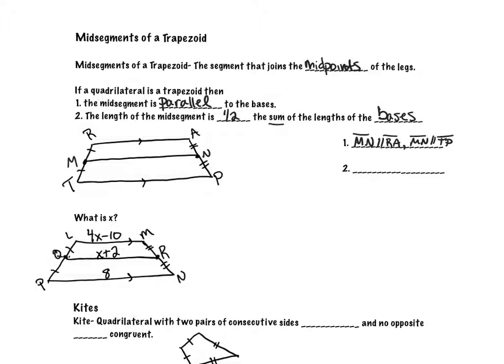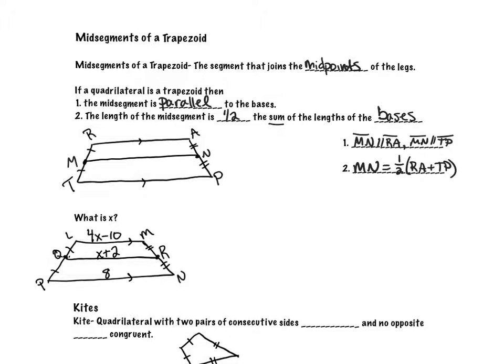Mid segments are parallel. Second part, we're going to write a general form of an equation. The length of MN is equal to 1/2 times the sum of the bases. We're talking about adding things together, so you'd say RA plus TP.